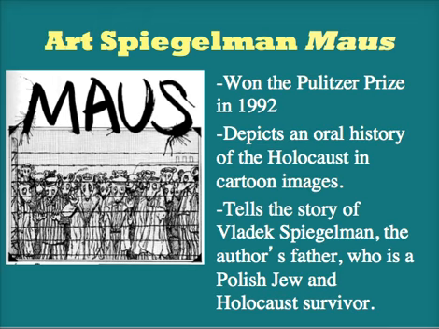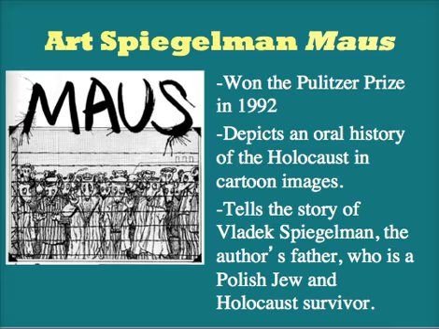So the story is going to use an animal allegory to depict the circumstances of World War II. So it's a very unique way to depict a historical event and a true story.